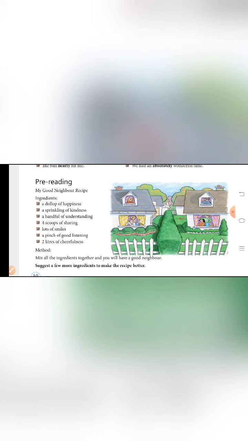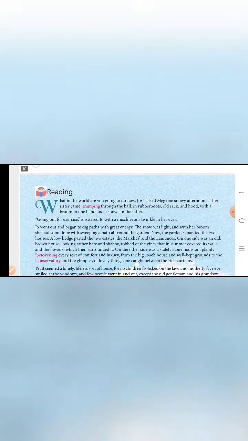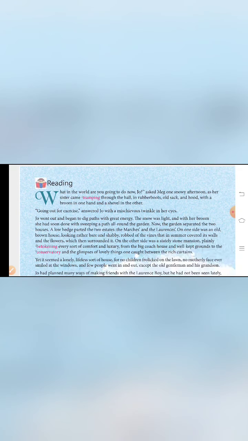If you have some more ingredients in your mind, you can write them down and add them here, so that your recipe will be a better one, right? Now let's open page number 11 of your book, where you will start reading this chapter, Being Neighborly. Clear?